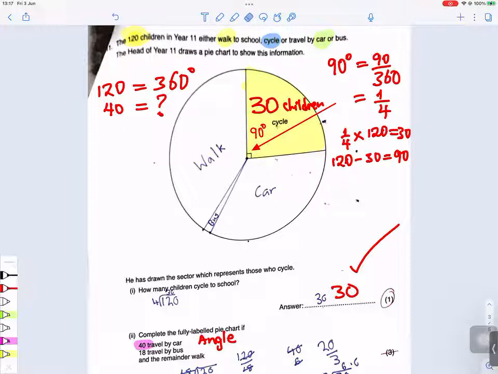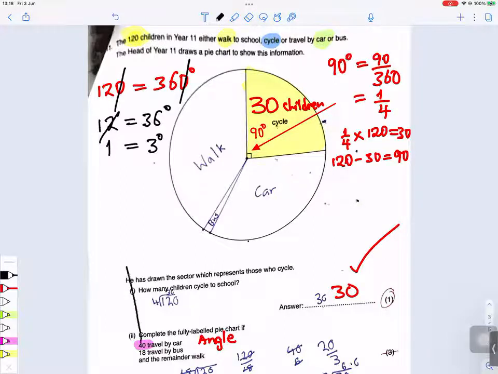This is a non-calculator paper, so we have to do it in a way that helps without a calculator. 120 is for 360 degrees. If we cross out the 0 on each side, that means 12 is for 36 degrees. We divide by 12: 12 divided by 12 is 1, and 36 divided by 12 is 3. So 1 is for 3 degrees.